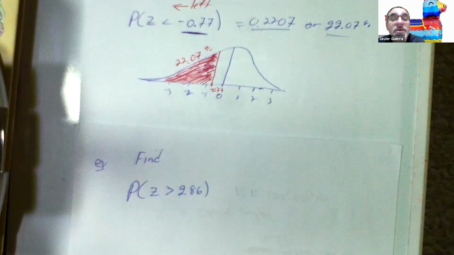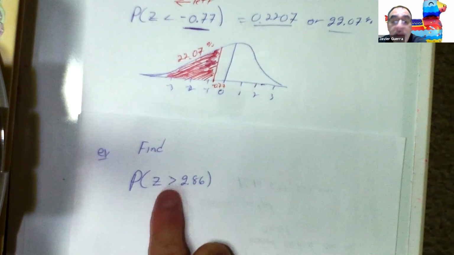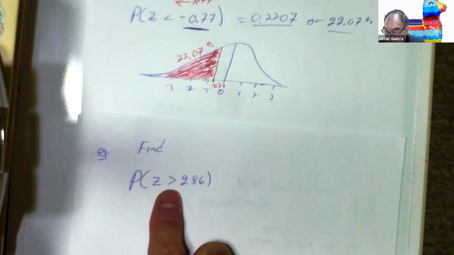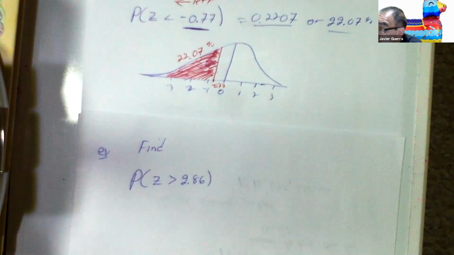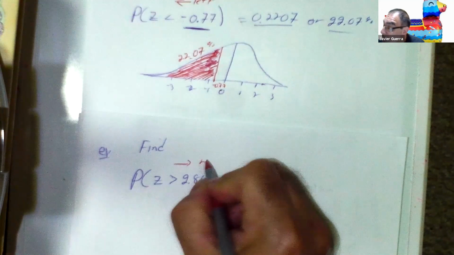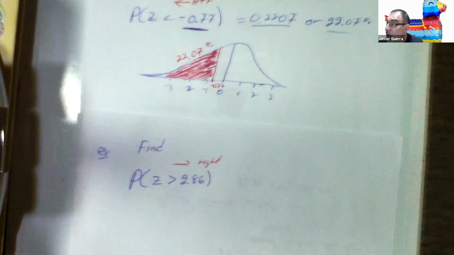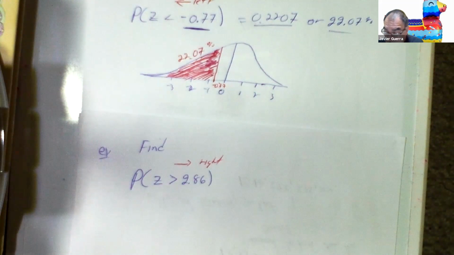Okay, so notice that this symbol is greater than, which means when I go and shade, I have to shade right. And I always put it on top of the inequality, the direction I'm going to be shading, so that way I won't forget.